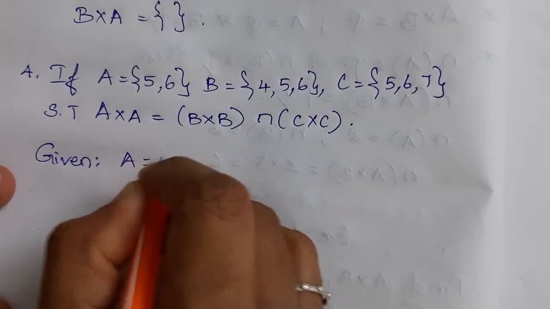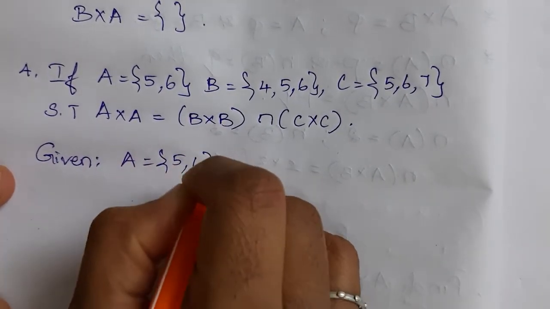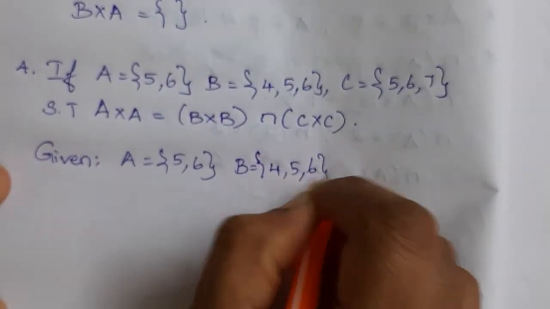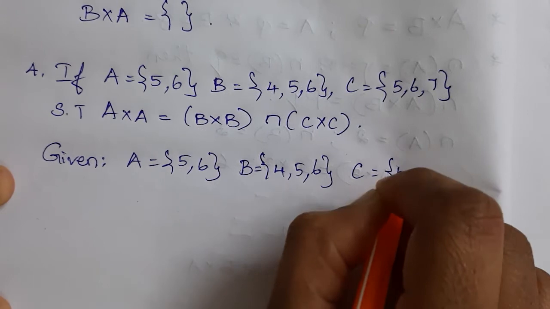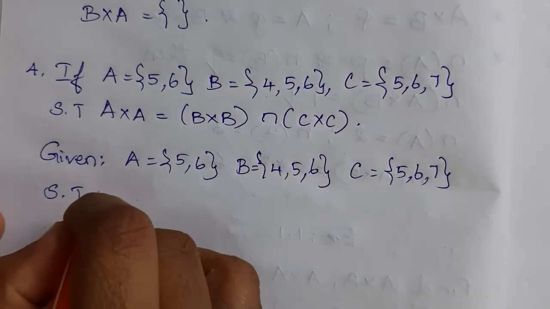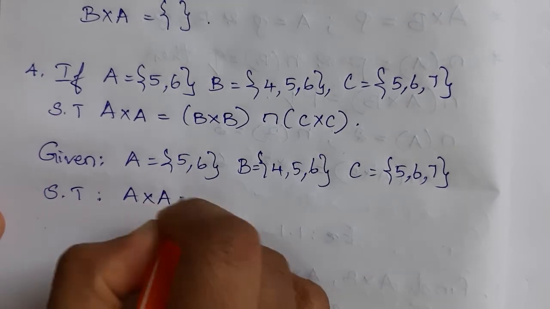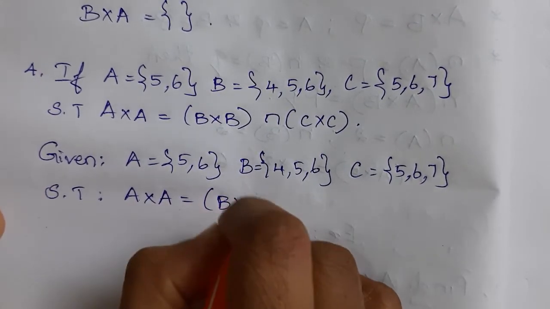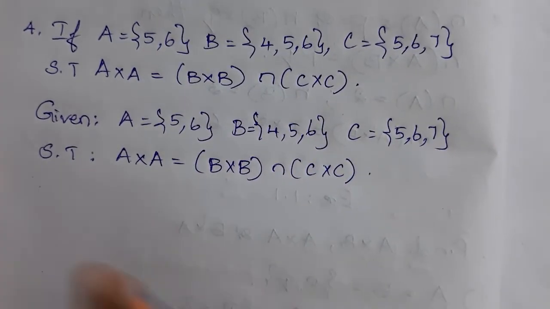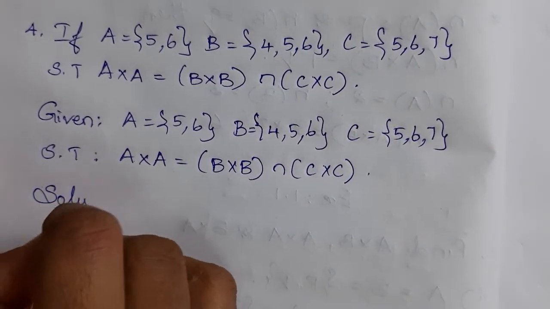It is A 5 comma 6, B 4 comma 5 comma 6 and C 5, 6, 7.